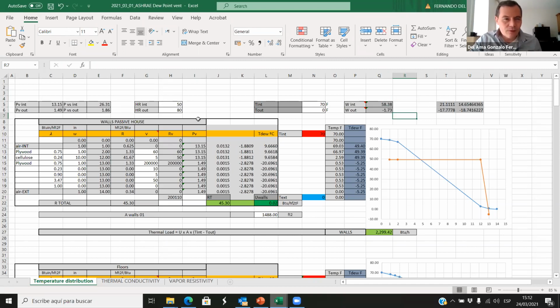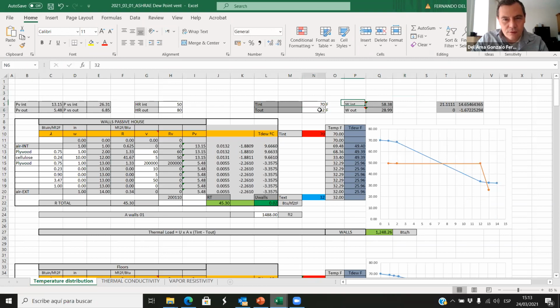But you see that we can't rely on one tool. We have to check different tools. Okay, so I think the indoor temperature is quite accurate, and I'm sure that if we are using other values, the accuracy will increase. So this is 32 and 80.